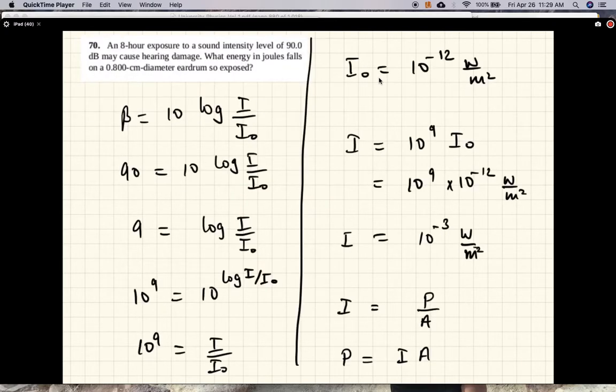Okay, so let's add a page. The rate at which energy is falling on the eardrum is I times area, and it's a circular eardrum, so the area is pi r square.